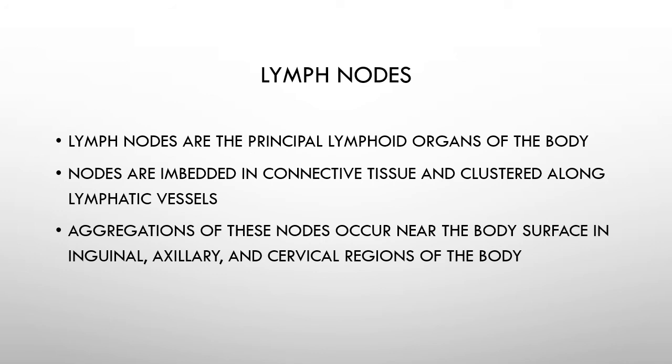The lymph nodes themselves are essentially an expansion of the lymph vessel, and it forms these little nodes. Inside these little nodes, we have a bunch of that reticular connective tissue as well. And inside there, we also have a large amount of lymphocytes and cells that are going to help to destroy anything that gets caught inside there.